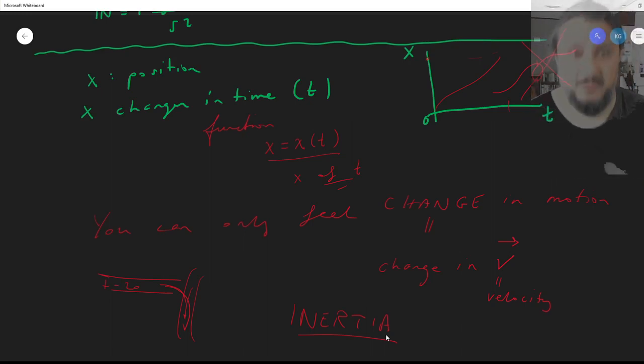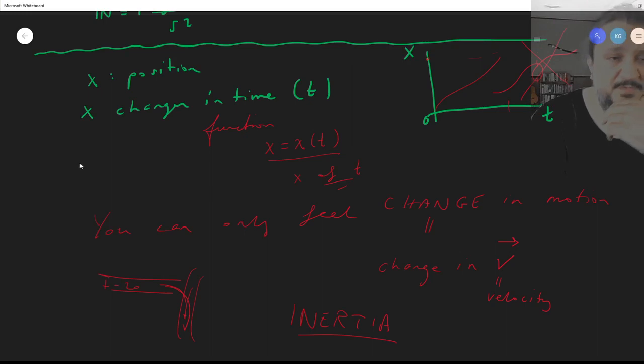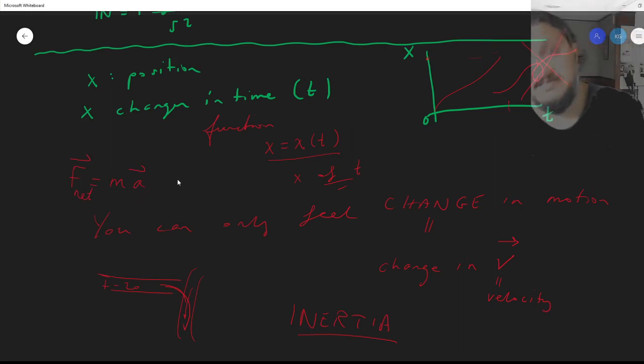That's about inertia. So this is a way of describing mass through inertia, and we will see it later, but let me just give you what it is from now. It doesn't hurt. There's an equation that looks like this: F equals ma, where F is the net force and a is your acceleration vector.